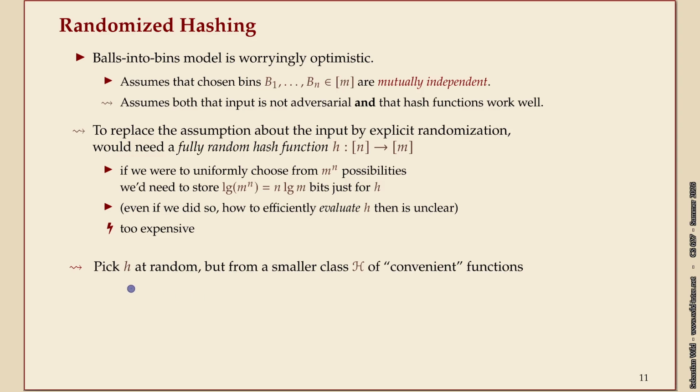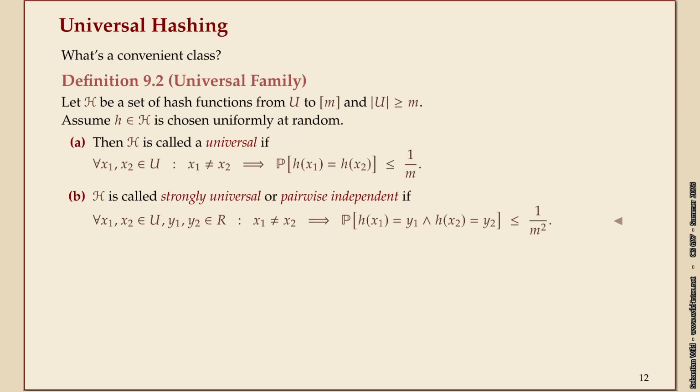And instead of picking from all possible functions, we pick it from a much more restricted class. But it has to be a convenient function so that we still get enough guarantees. If we just pick an arbitrary class of functions, I guess the behavior could be arbitrarily bad. What is the, I guess, oldest such definition of a convenient class?